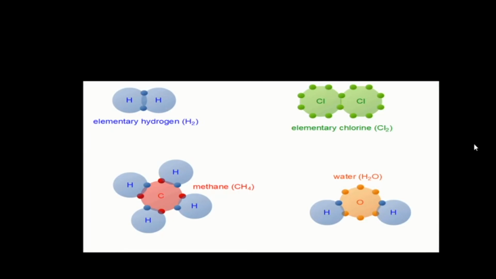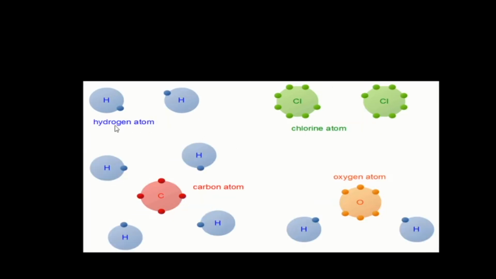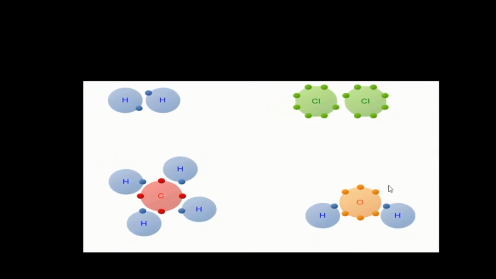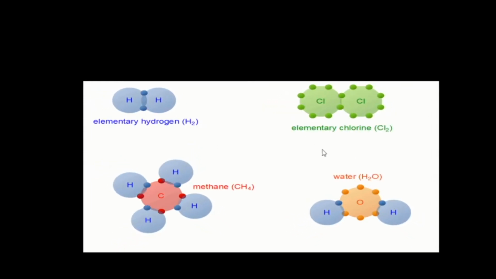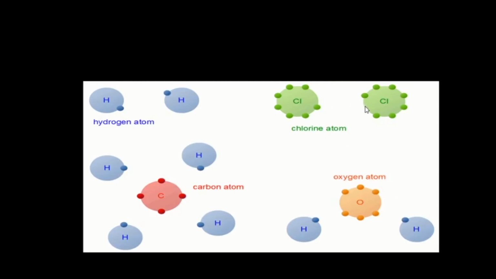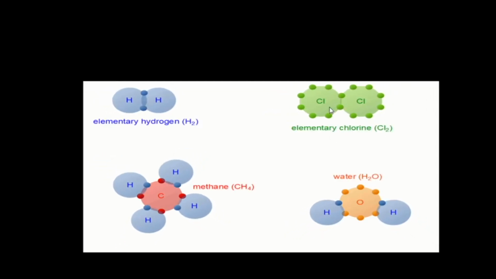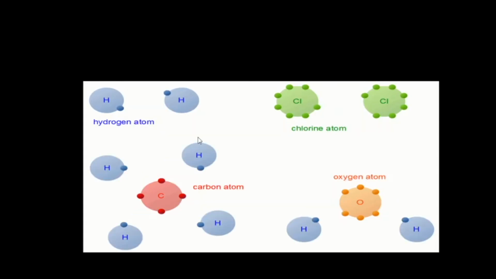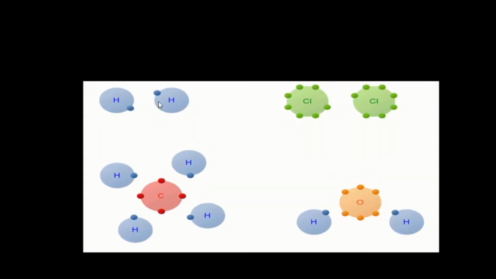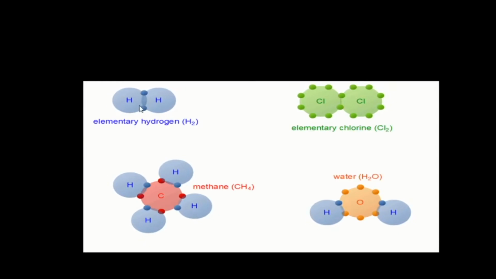They undergo chemical reaction and form H2 or Cl2 by sharing electrons. Chlorine has 7 electrons in the outermost shell, so by sharing 1 electron each atom has a stable octet of 8. Similarly, by sharing 1 electron each, hydrogen forms a stable duplet configuration.